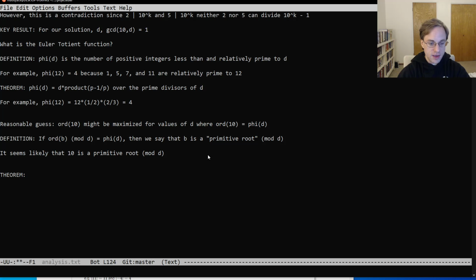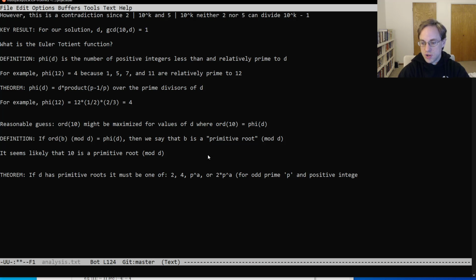And so another theorem: if D has primitive roots, it must be one of 2, 4, p^a, or 2 times p^a for odd prime p and positive integer a.